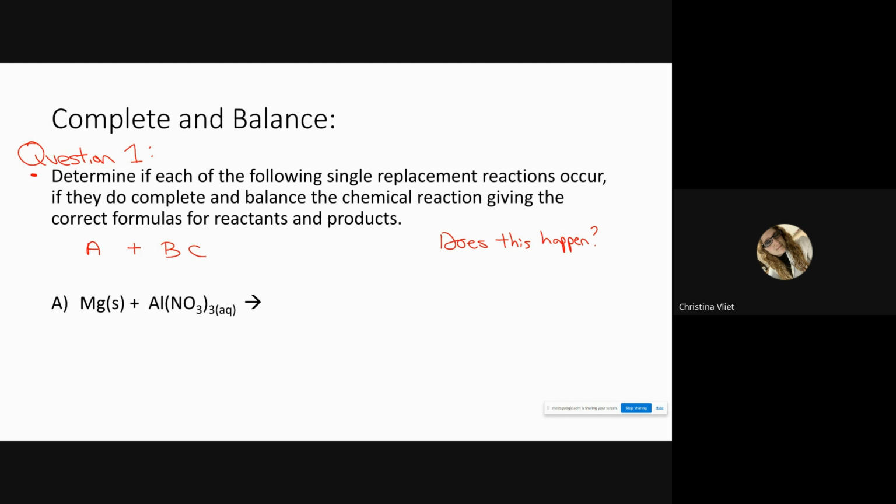That's your template. What would A be kicking out if this reaction happens? B. So if A is kicking out B, then what you should be getting as a result is A gets together with C and B gets kicked out, right? That's the single replacement that is happening in this type. This is the type, because it's metal or cation replaces metal.